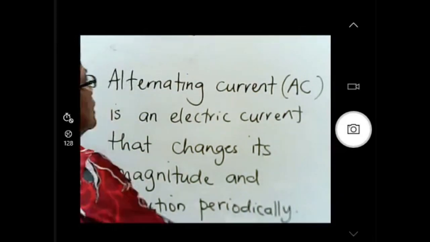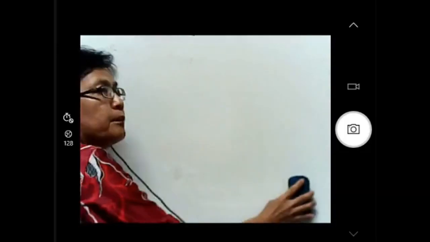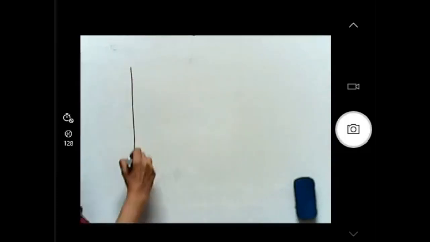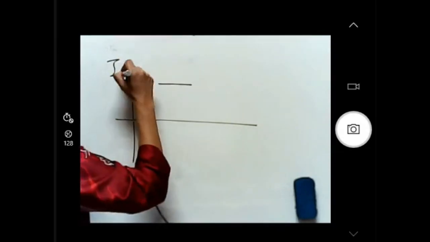Okay, so alternating current can be represented using a waveform. A waveform can be any waveform. This can be displayed using an oscilloscope. So it can be maybe in the form of a square wave, current against time.